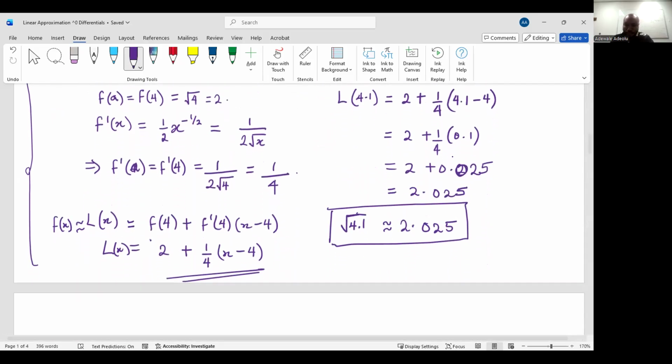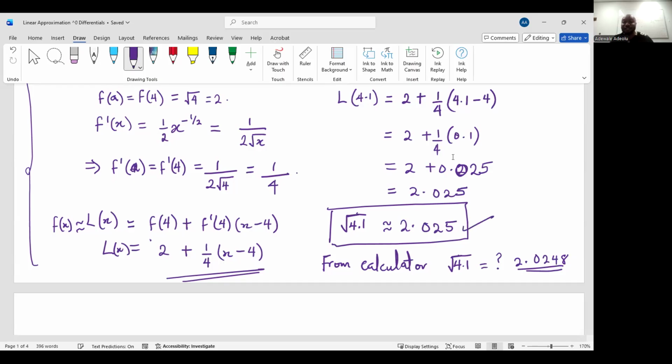Now let us check from calculator. What is the square root of 4.1? Do that and compare your answer with what we have here. Let me see. Okay, here I'm having 2.02485 and so on, which I can approximate to 2.025.